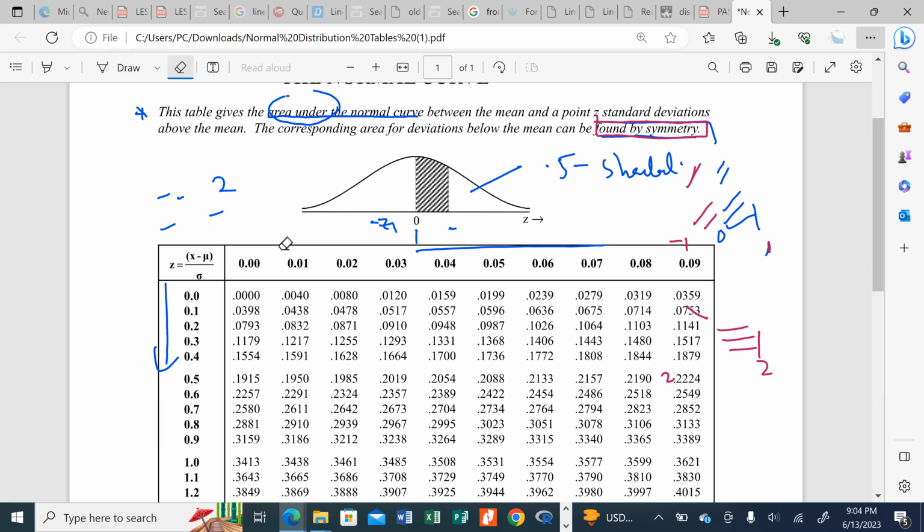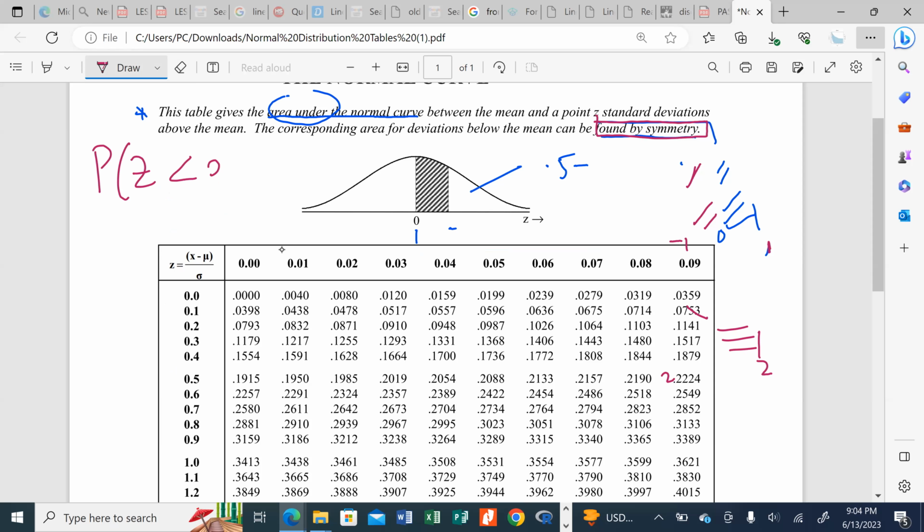So now, if you look at our question, we were looking at this probability. Let me write it here: the probability that Z is less than 2.5. So we're talking about a point here, 2.5, and we're saying less than.